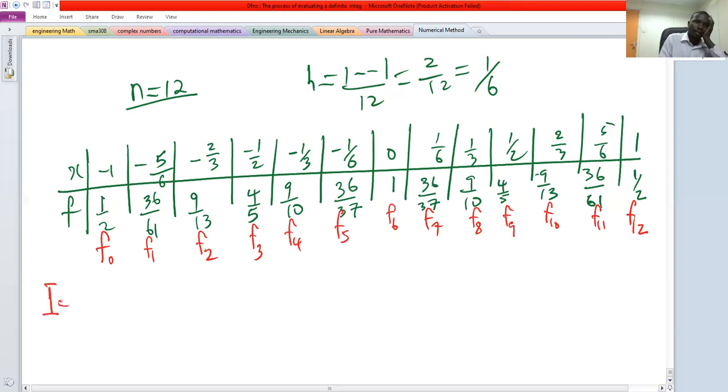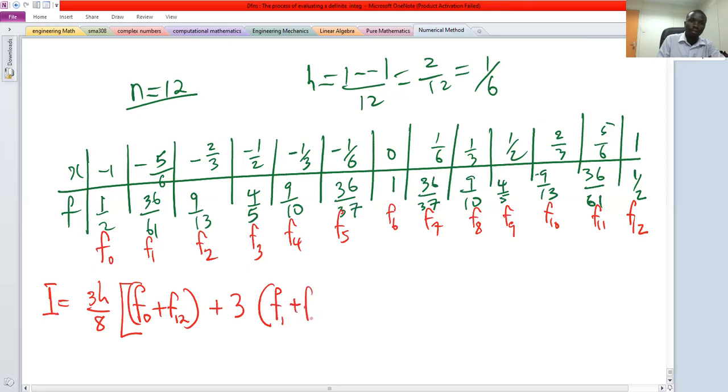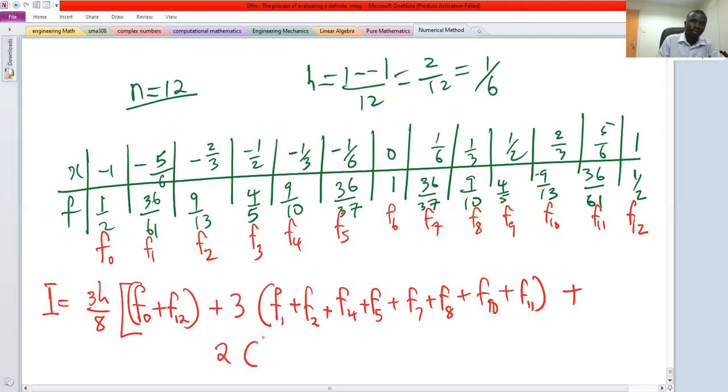So the integral will be 3h over 8 into the end ordinates f0 and f12, and then plus 3 times all those ordinates that are not divisible by 3, plus twice all those ordinates that are divisible by 3. So f3, f6, f9. You don't add f12 because it's already an end ordinate. So that's where I stop.